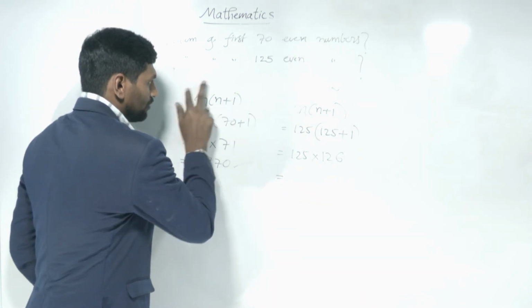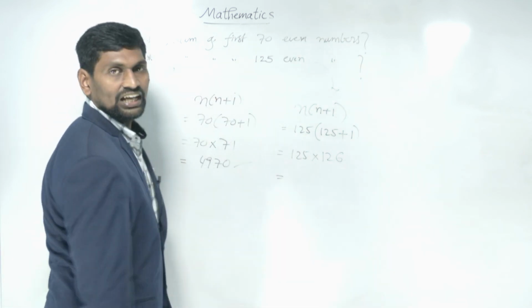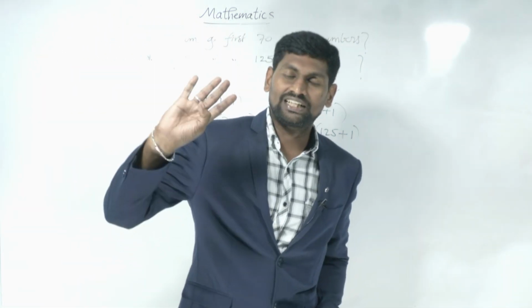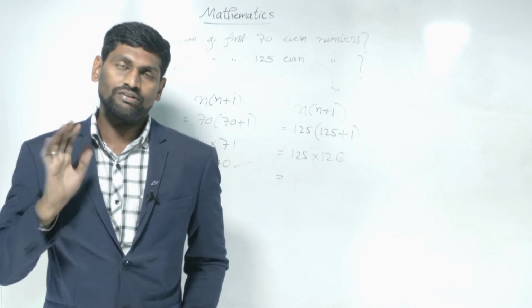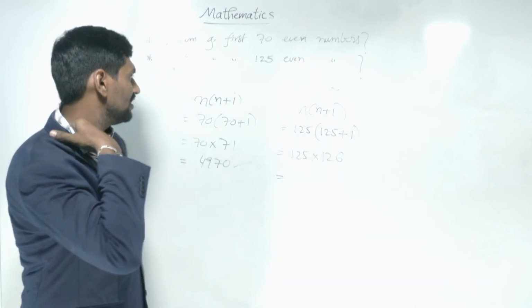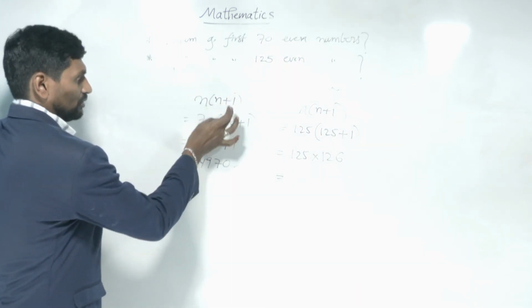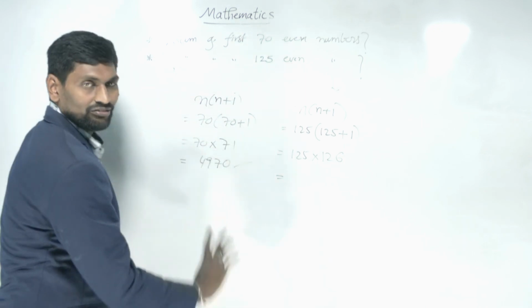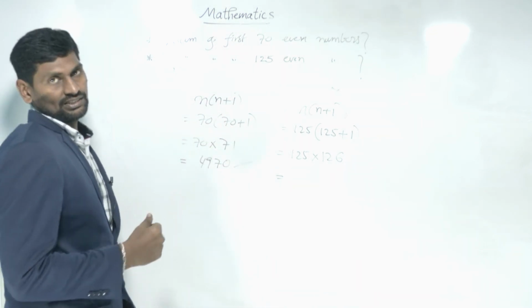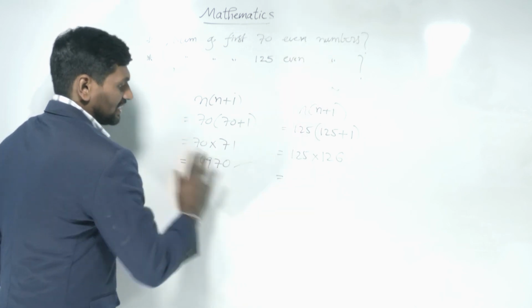This formula is very, very important. N means whether it can be 50, 20, 40, whatever. So by using the formula, we substitute the values and we will get the answer.